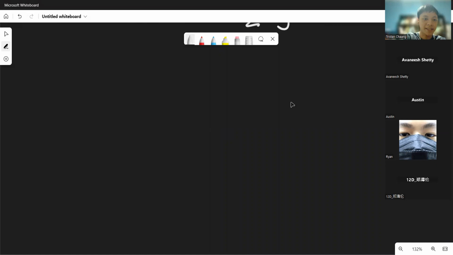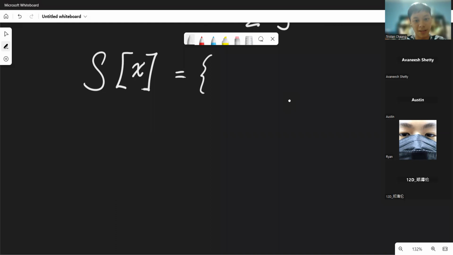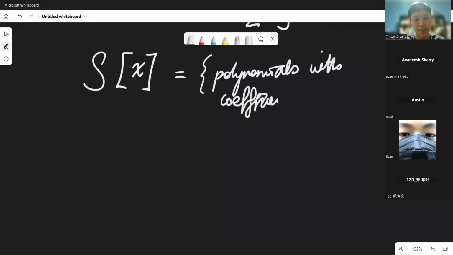For any given set S, I will define this new set S bracket X to be the set of polynomials with coefficients in S. This applies to any set. It doesn't have to be a field, but of course later we will be talking about the case where S is a field. But I'm making a very general definition here. So polynomials with coefficients in S.